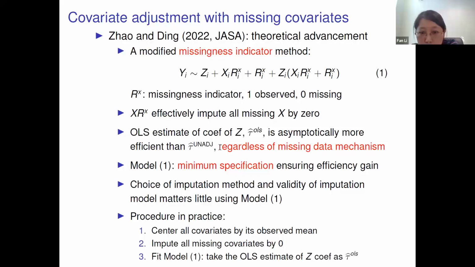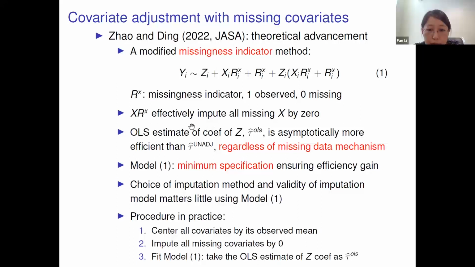And remarkably, they show this regardless of the missing data mechanism of X. It really doesn't matter what the missing data mechanism is, as long as it is independent of the treatment assignment mechanism. They show that based on this model, the OLS estimate is more efficient than unadjusted.